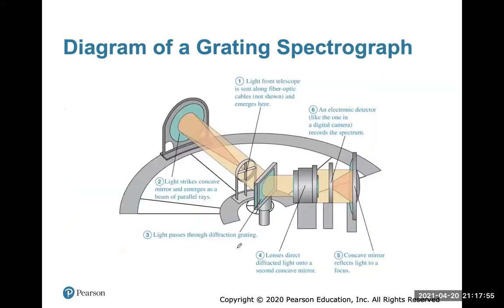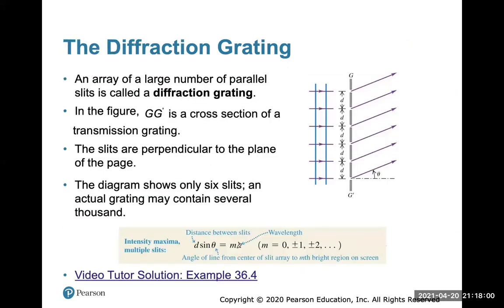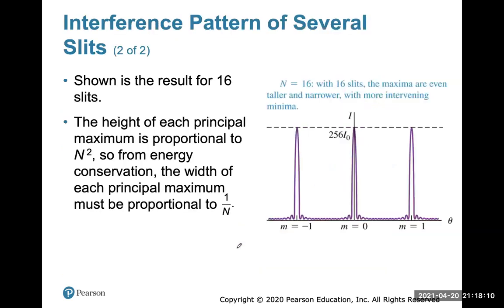We have multiple wavelengths, and each wavelength has a different theta at which interference maxima occur. And if we use a diffraction grating, those maxima are very narrow. So we sweep the angle until we find a bright, I don't know, red spot in the pattern.